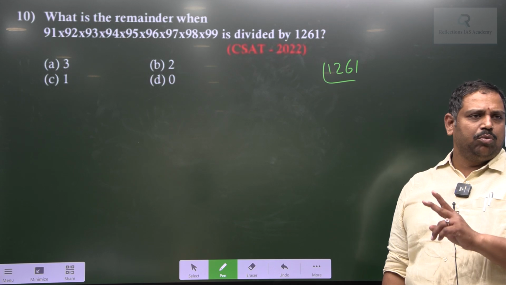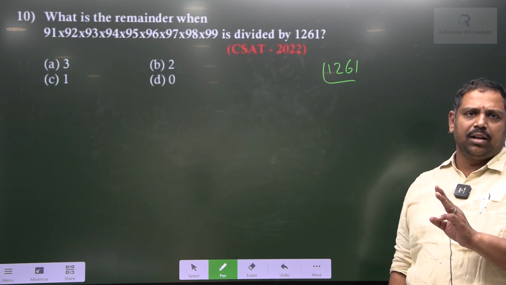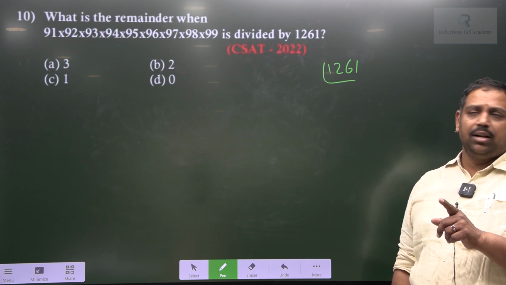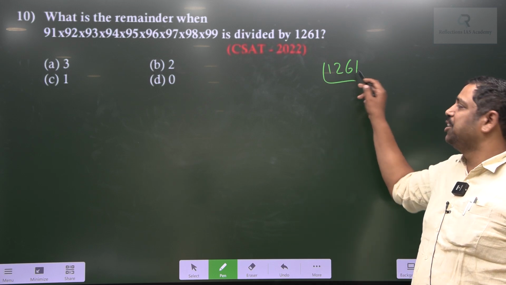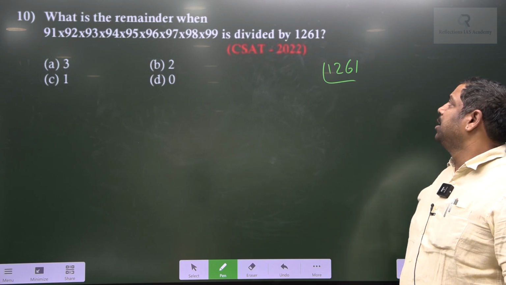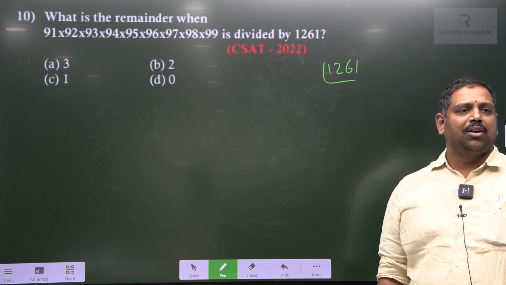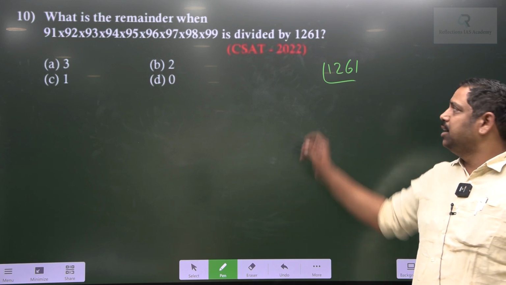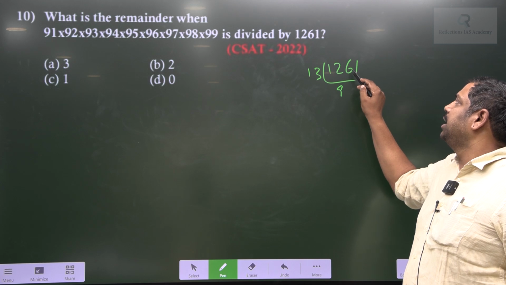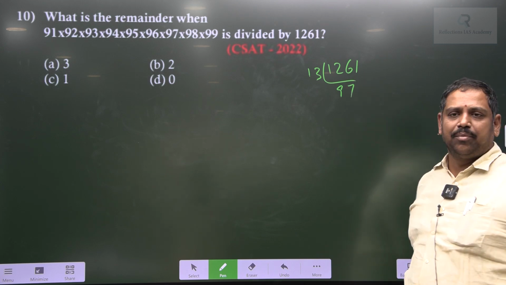Is it divisible by prime number 2, 3? No. 5? 7? No. 11? Not divisible. 13? Divisible. 13 nines are 117. It is 91 means 13 sevens.